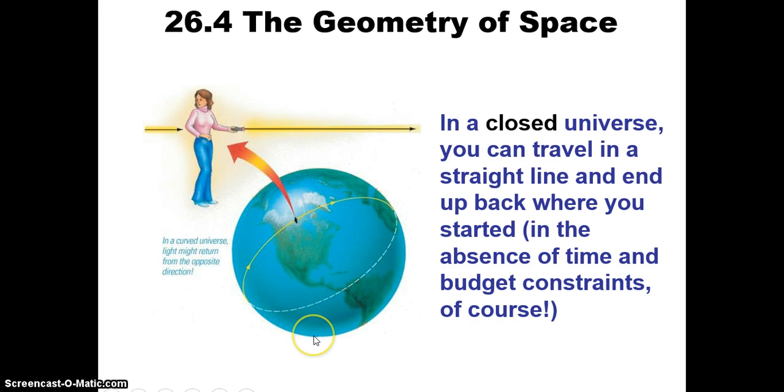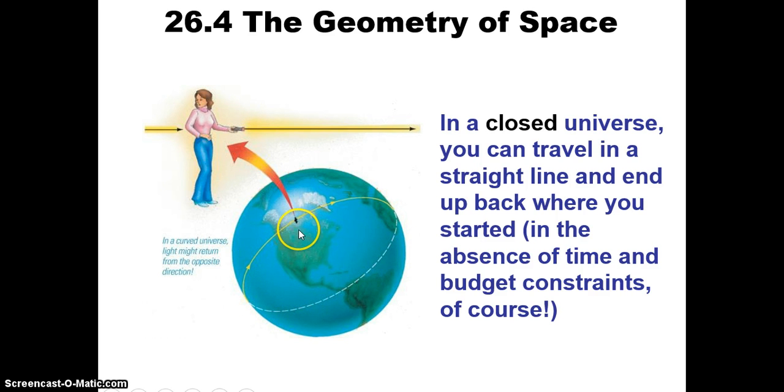So, for example, if you think about the surface of the Earth, it's a closed system in and of itself. The basic idea of a closed system is that if you travel in a straight line, just imagine the surface of the Earth, and don't worry about the mountains and the ocean and stuff like that, you would go all the way around the Earth and then come back to your starting point.